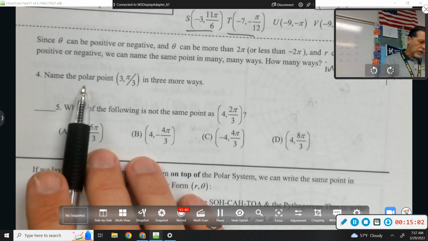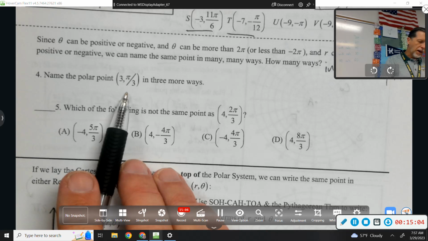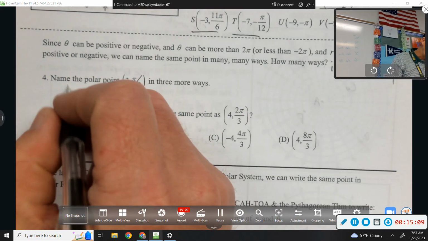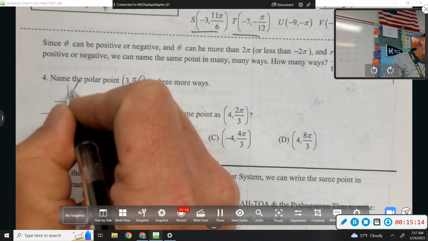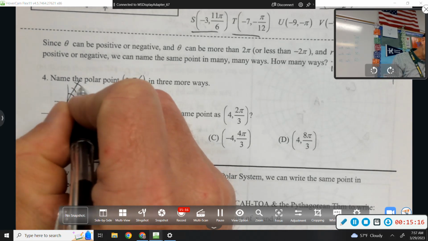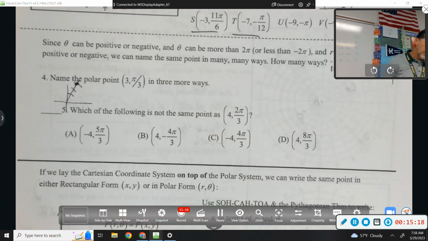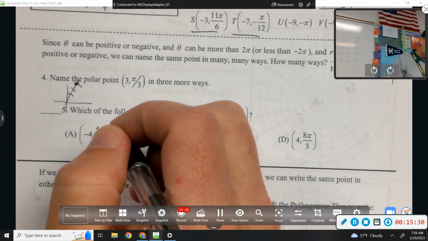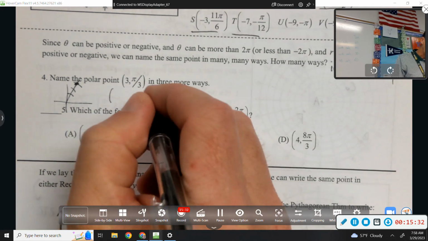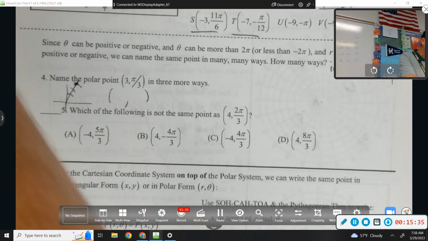So number 4, name the point 3 comma pi over 3 in 3 more ways. Well, I think it would probably be helpful to graph that. So pi over 3, and then go out 3. So somewhere about right there. One way I could name it is if we just went backwards.